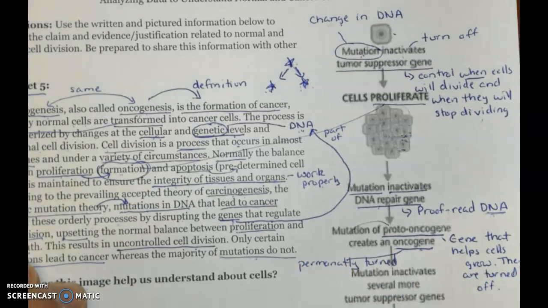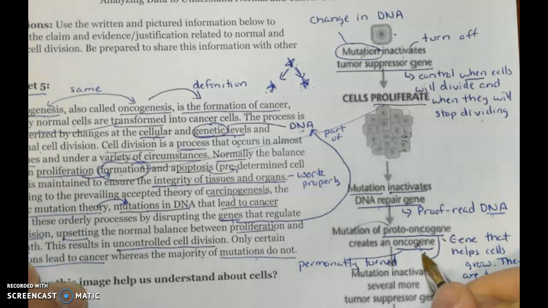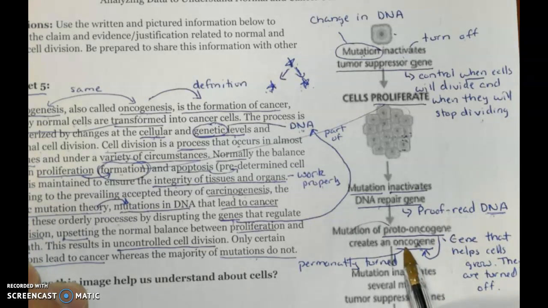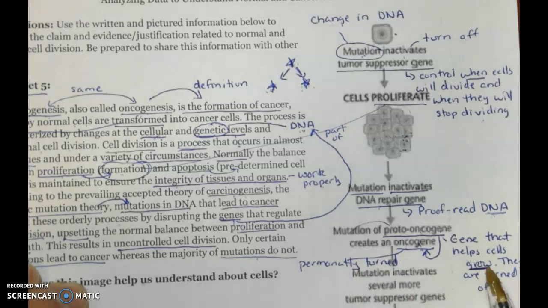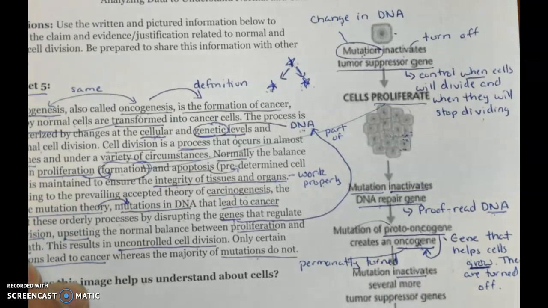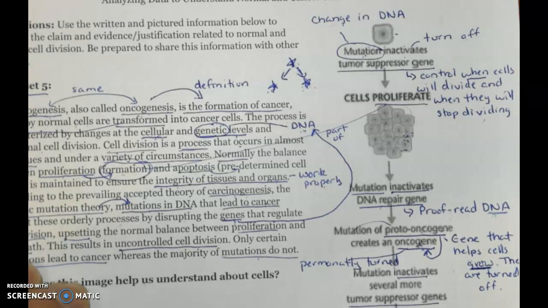And an oncogene is a proto-oncogene that has just been modified. It has been changed. So these genes help cells grow and they are typically turned off. But once this has been changed, the proto-oncogene becomes an oncogene and is permanently turned on, meaning that the genes that help cells grow are permanently turned on, meaning that cells permanently grow and grow and grow, which can change more tumor suppressor genes.